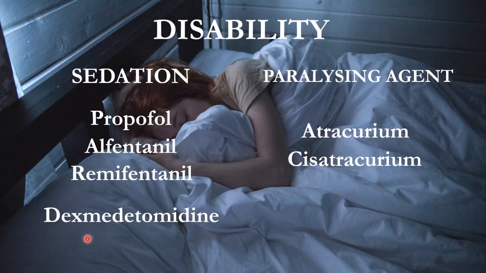So again, patients on these medications, muscle relaxant, paralyzing agent, it's important to monitor what we call the bispectral index or the BIS. It helps health professionals, nurses, and doctors to see if the patient is too sedated or not, if we're giving too much muscle relaxant and sedation or not.